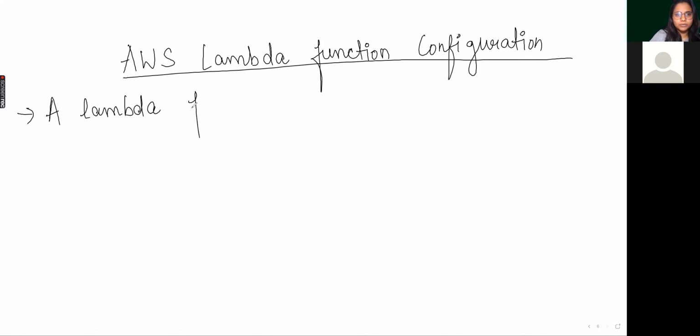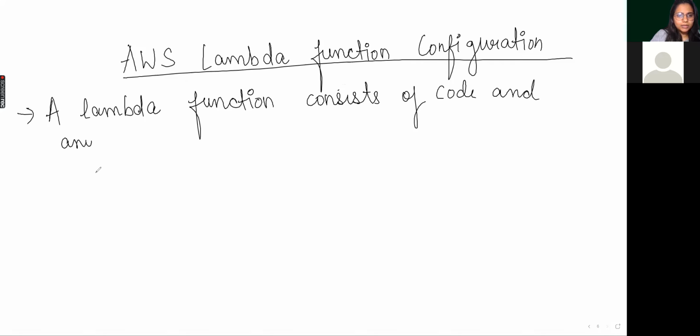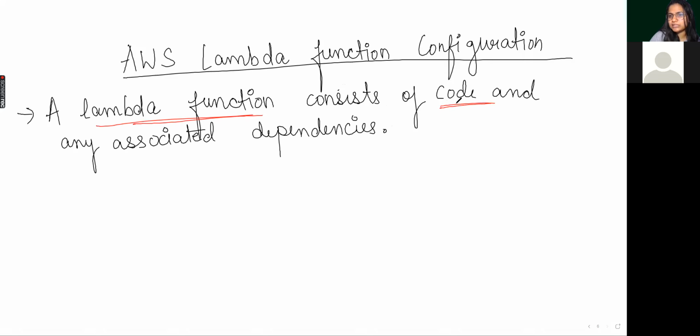a Lambda function consists of code and any associated dependencies. Okay. So whenever you start a Lambda function, first of all, it consists of code, meaning some information should be there which you want to process.